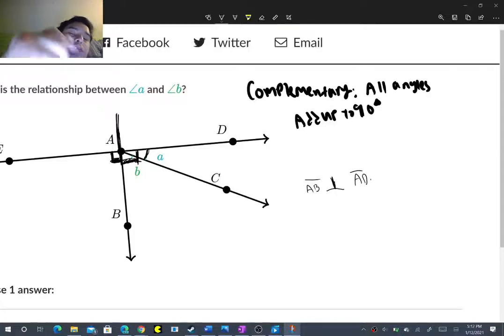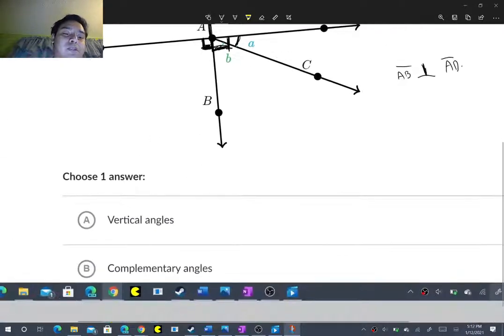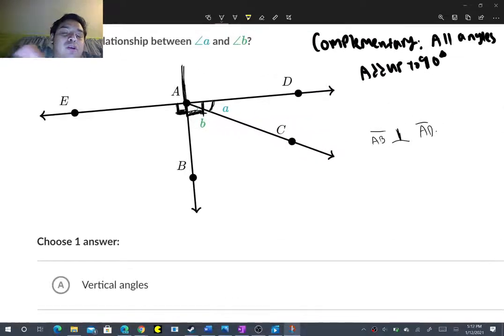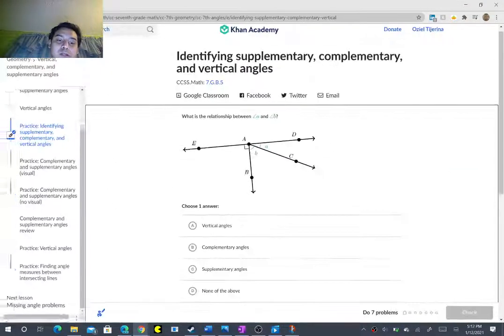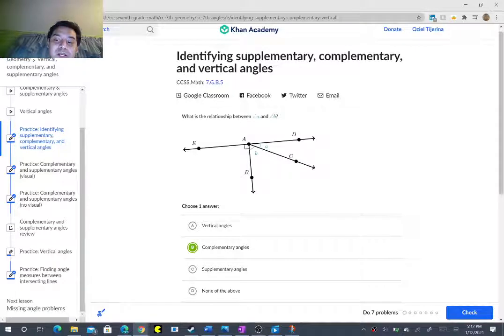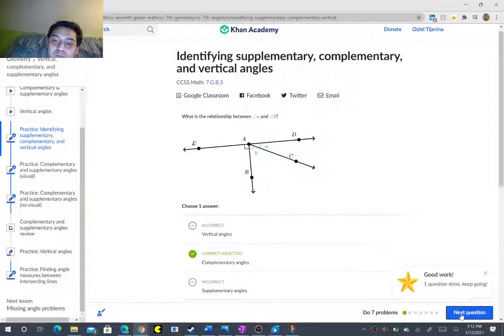So angle A and B are complementary angles because they add up to 90. So the answer to this one would be complementary.